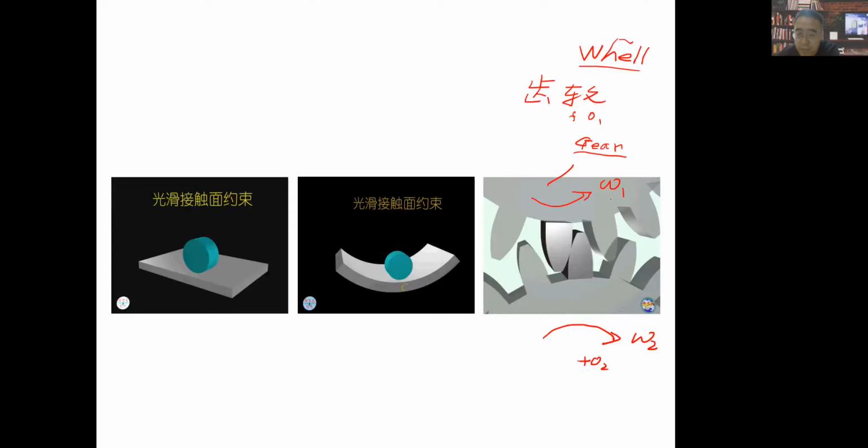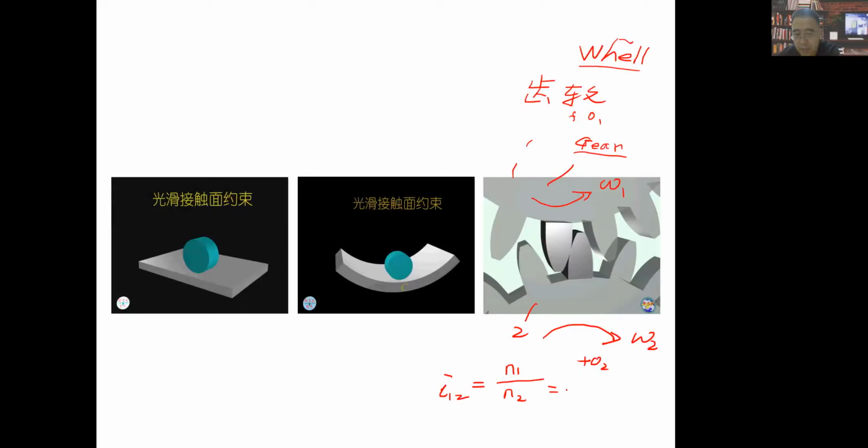So you will find actually this omega 1 is opposite to omega 2. This kind of gear has a very important factor. We have the ratio between 1 and 2. So this is gear 2, this is gear 1, and the speed of rotation has a ratio here.